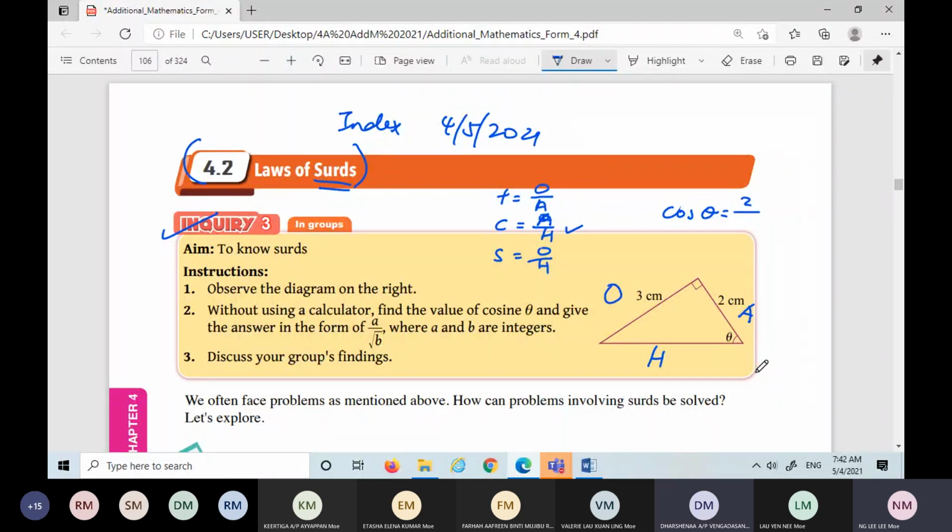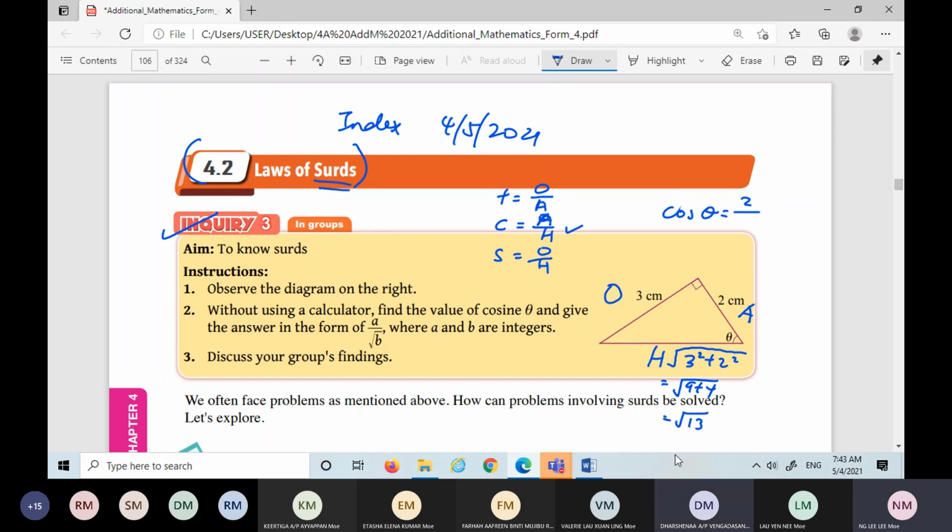Use the Pythagoras theorem method. Okay, so you're using Pythagoras theorem. How to find this H? 3 square plus 2 square. After that? Then square root. Okay, square root it. Here I get 9 and 4, then I get 13.